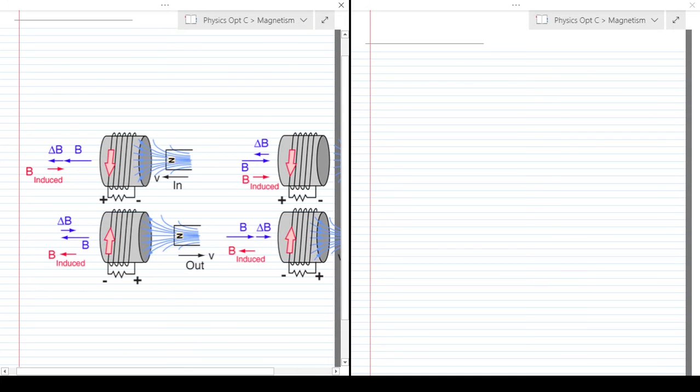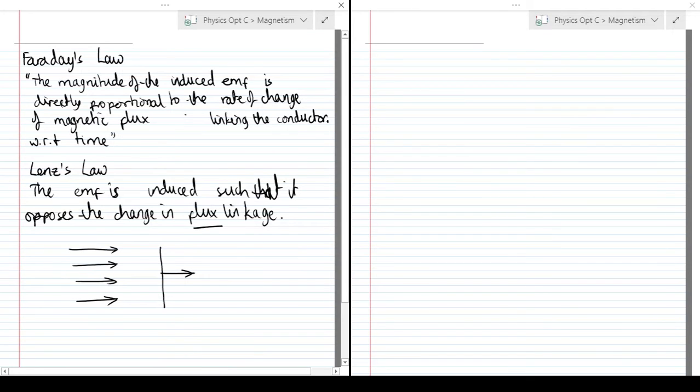So we have these two laws here, Faraday's law and Lenz's law, which collectively you could use to quantify both the magnitude and direction of the induced EMF. The law is actually called Faraday's law, but there's a part of it that is borrowed from Lenz's theory.